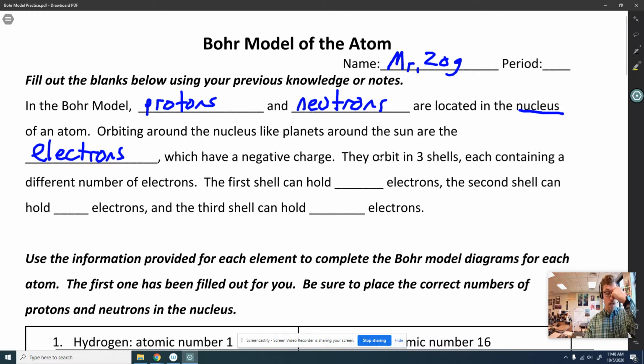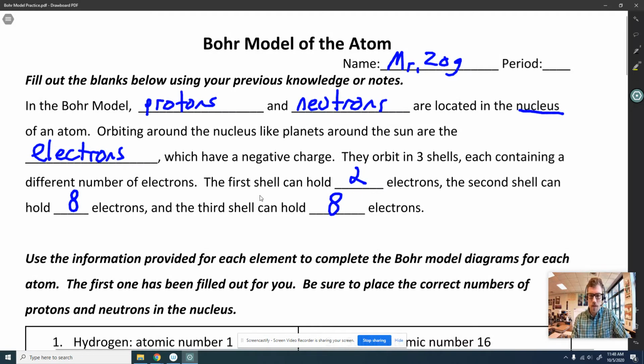And we talked about how the electrons orbit in three different shells, each containing a different number of electrons. The first shell can hold a maximum of 2 electrons. The second shell can hold a maximum of 8 electrons. And the third shell can also hold a maximum of 8 electrons. We went over all of that last week.